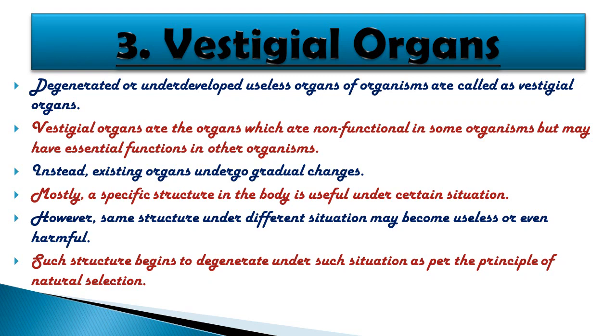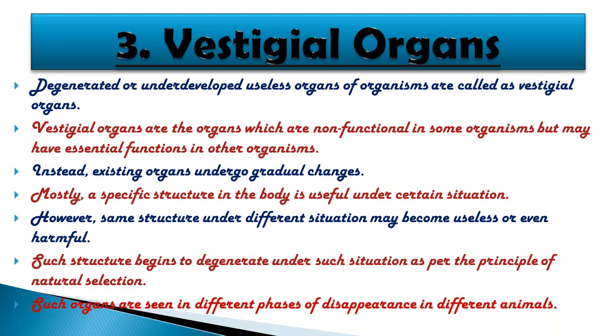That means the organs which are not useful, or which are harmful to the organism or its body, will start disappearing or degenerating. Why? Because according to the principle of natural selection, the organisms which can survive according to their surrounding situation will survive. They are selected by nature, and the rest will perish.